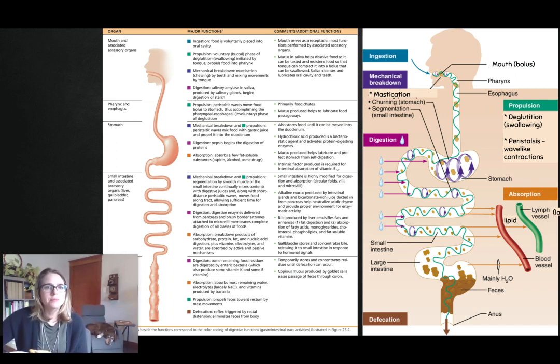So for example, the mouth and the other accessory structures in there have a variety. We have listed here 4 different functions that the mouth does. It is the only place where ingestion occurs, or is supposed to occur.